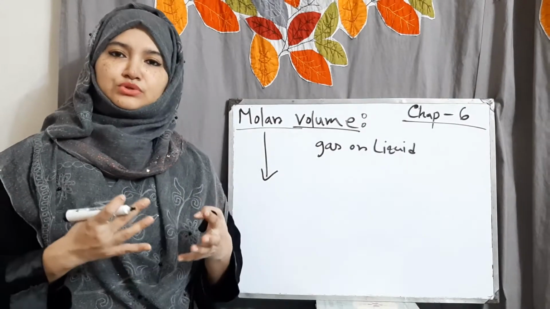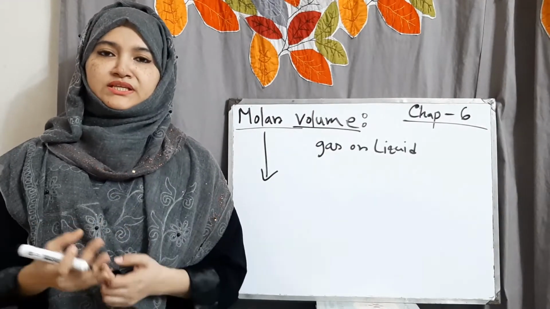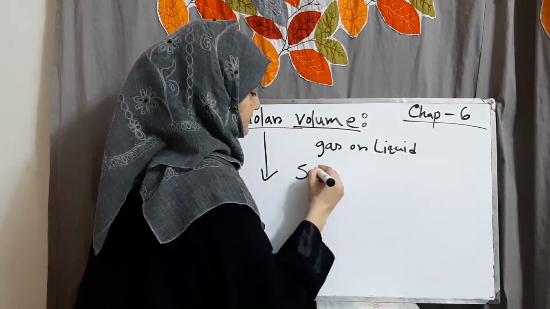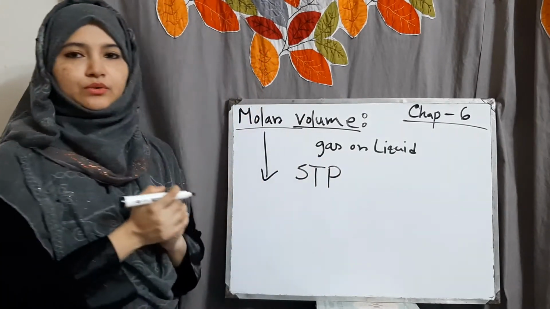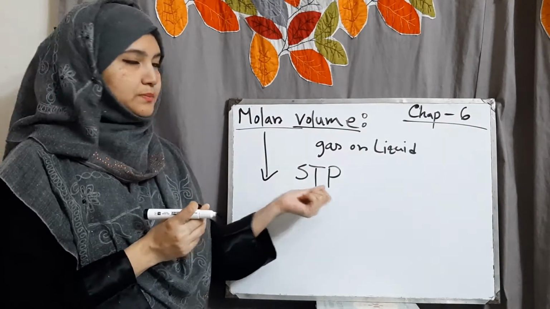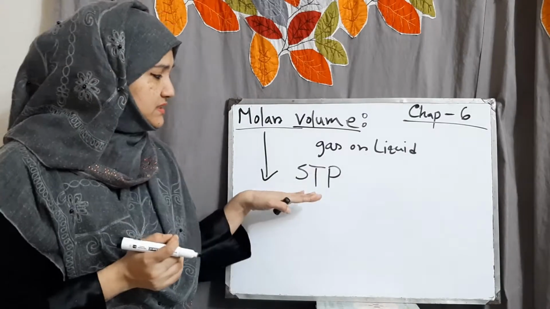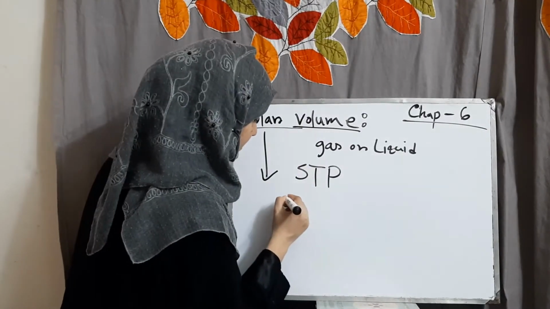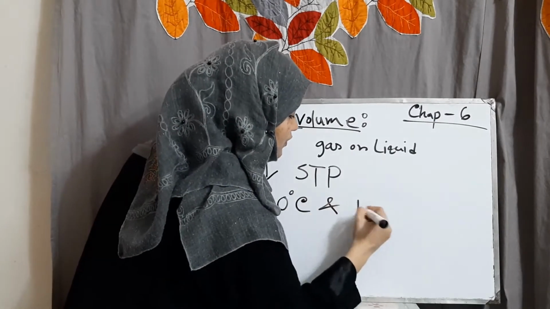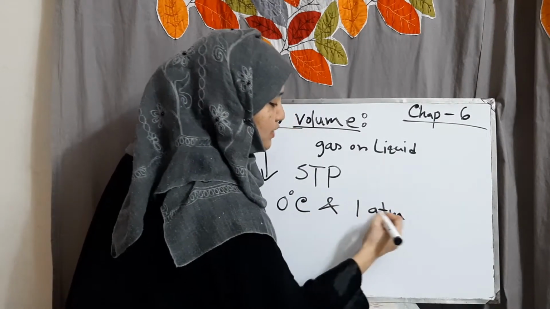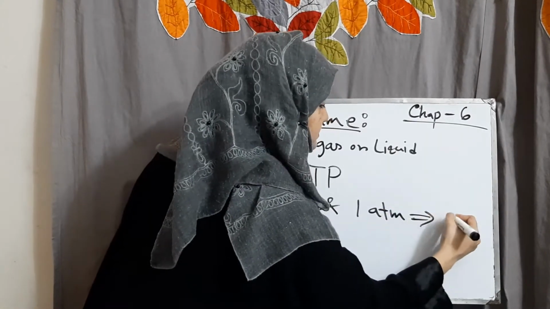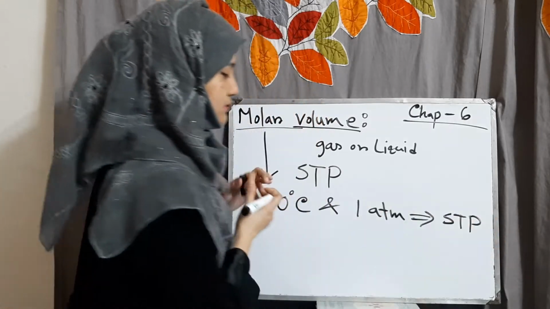Before defining molar volume, I will mention a term, which is STP. I think it is a new term for you. In chemistry, 0 degrees Celsius temperature and 1 atm pressure, that means 1 atmospheric pressure, is known as STP.